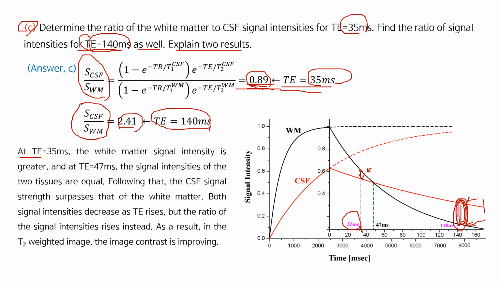At T equal 35 milliseconds, the white matter signal intensity is greater, and at T equal 47 milliseconds, the signal intensities of the two tissues are equal.